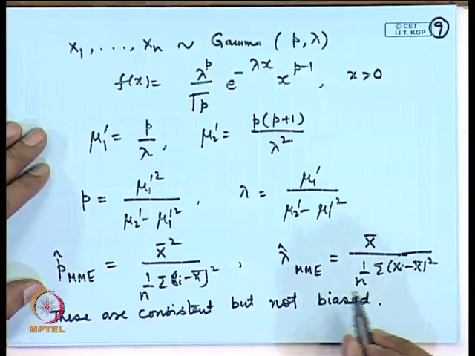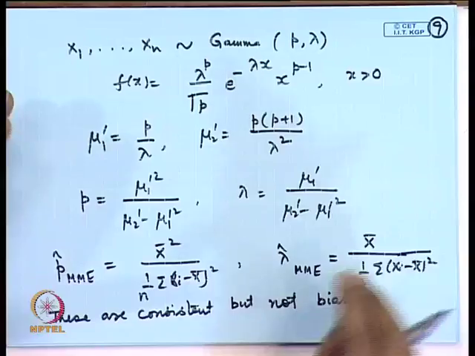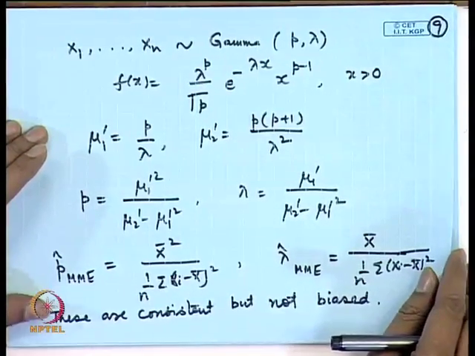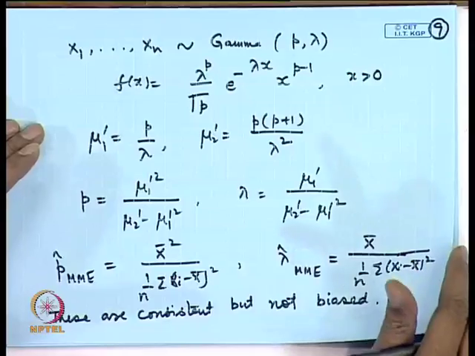So, generally the method of moments estimators will be consistent, but usually they will not be unbiased. In fact, the typical situation where they will be unbiased is only when you are having the first moment only. So, in that case the sample mean is unbiased for the population mean and therefore, unbiasedness will be satisfied.